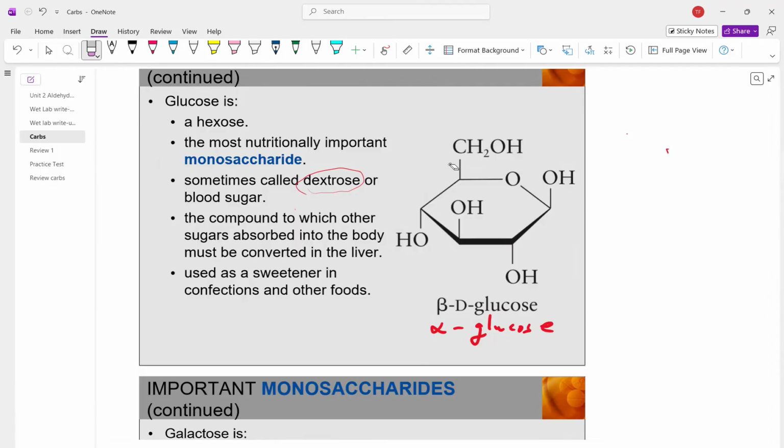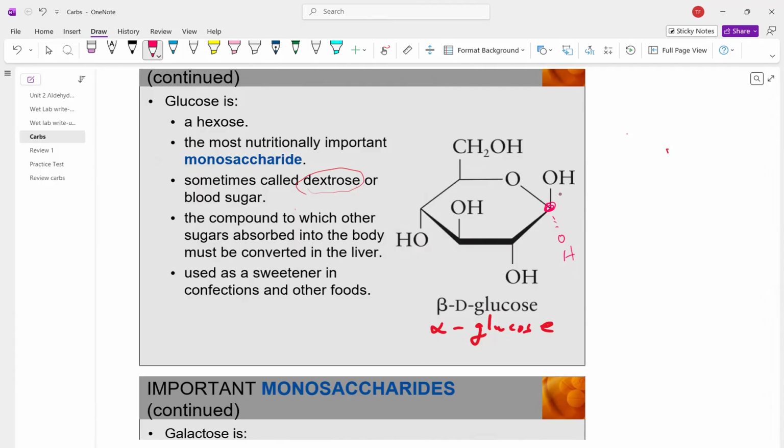Okay, so this happened to be the beta version because the OH is going up. Anomeric carbon, carbon number 1. If it was going down, it would be the alpha version.